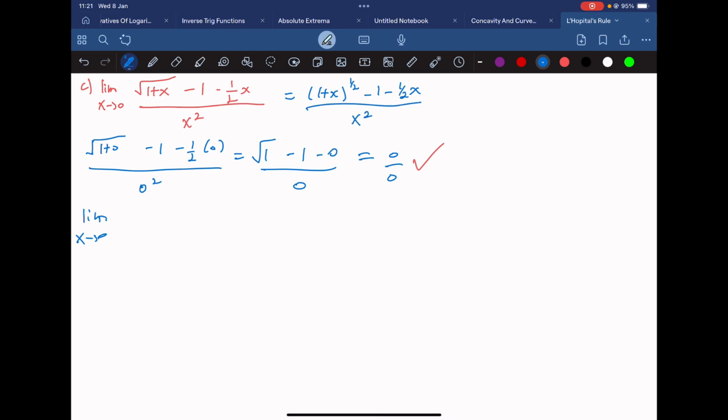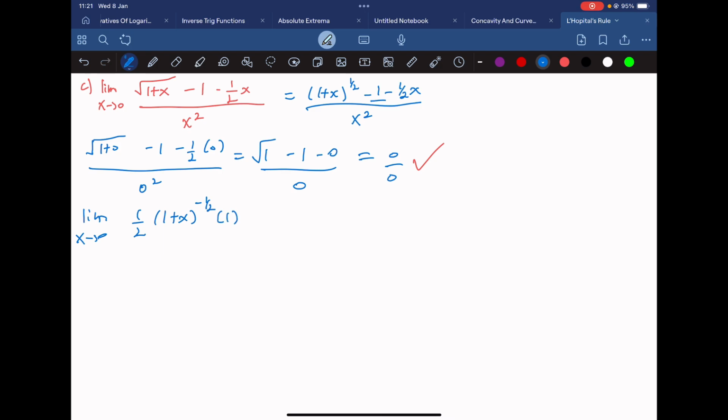So let's first of all differentiate this from right here. Using the power rule, 1/2 comes down, we have (1 + x), then we subtract 1 from the exponent, so we have negative 1/2 here. Then we multiply by the derivative of what is inside, which is just 1. So if we do that, we have this.